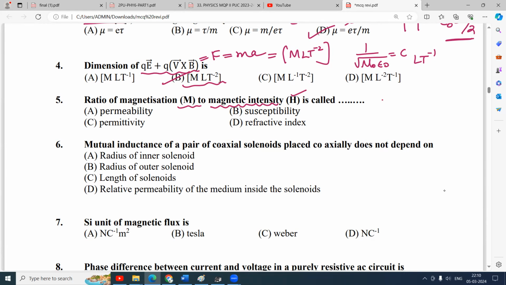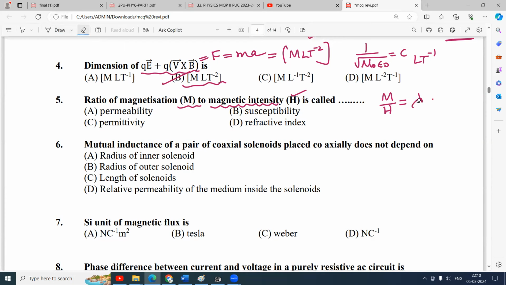Here, the magnetization to magnetic intensity ratio, you know that it is susceptibility. Susceptibility is the ratio of magnetization to magnetic intensity. And it has no unit because M and H have the same unit. So this chi has no unit. So it is susceptibility.